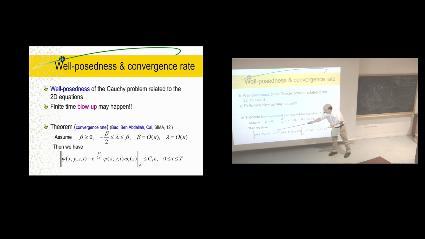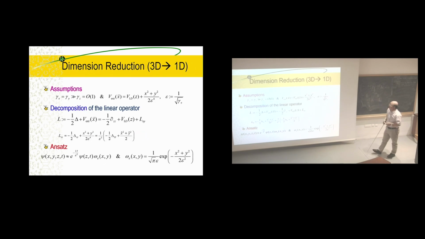This is highly oscillatory in time, and this is omega epsilon z. The position converges linearly with my parameter epsilon z. Then, when gamma z goes to infinity, my reduction converges in terms of 1 over gamma z at a rate of minus 1/2.